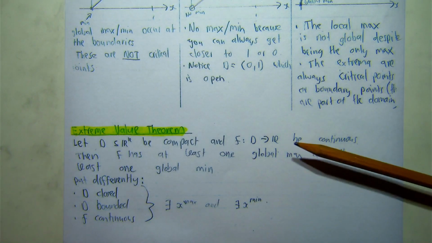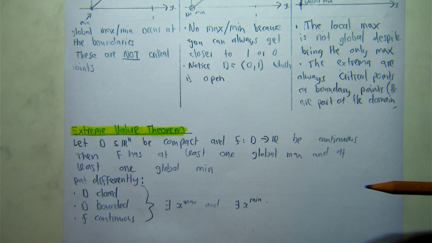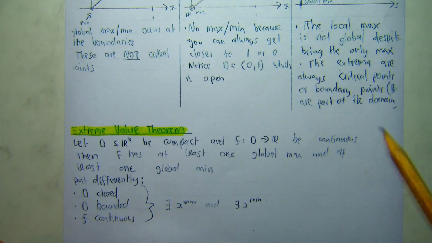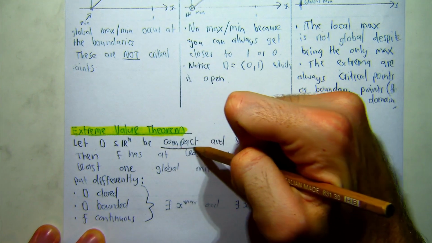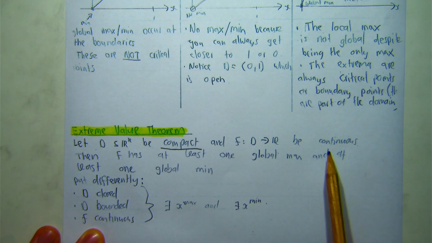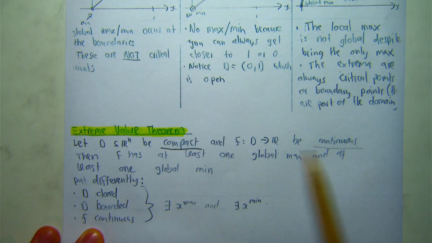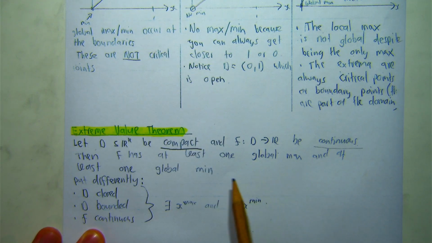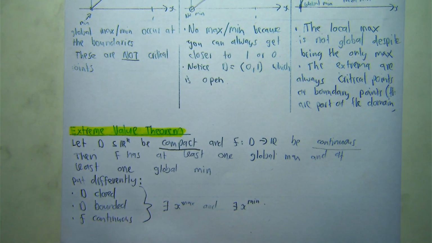Then F has at least one global max and at least one global min. That's it. So put differently, what this theorem is telling us is that if D is closed and bounded, that's what it means to be compact, and F is continuous, that together is enough for us to know that there is a global max and a global min, at least one for both of these types. We know that it exists.